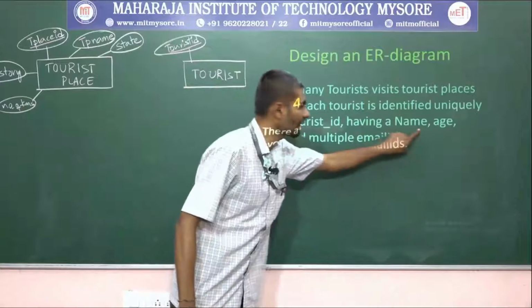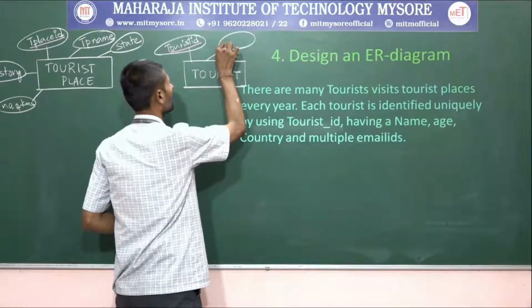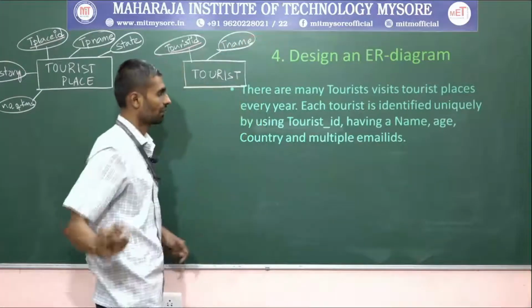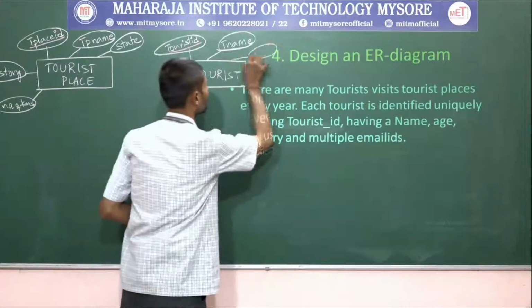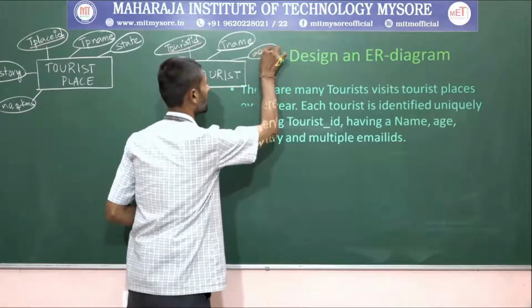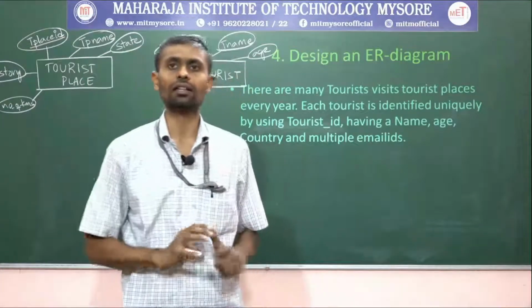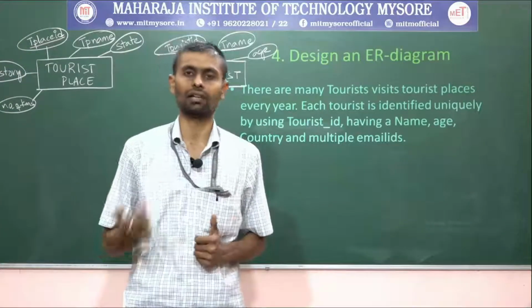Then what? Having a name, age. Let me go with recording. Having a name, T name, tourist name. Next, having an age. Fine. Don't think that, sir, we are having an age, so age is a derived attribute we have seen. No. Age becomes a derived attribute if it is given in a requirement scenario like that, where date of birth we are storing and we are deriving age from it.